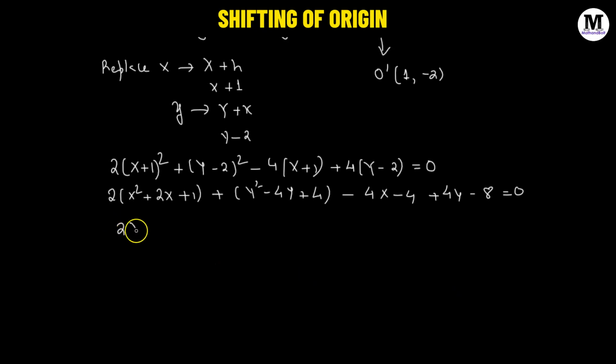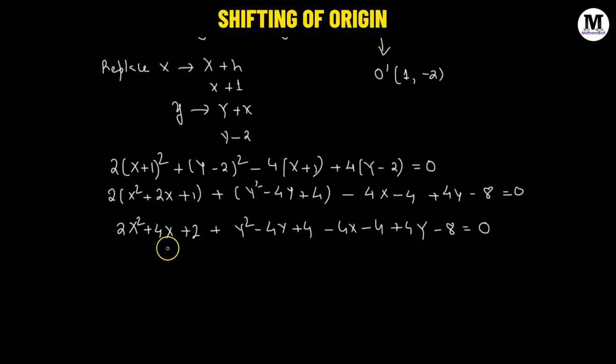We have 2 times X squared plus 4X plus 2, plus Y squared minus 4Y plus 4, minus 4X minus 4 plus 4Y minus 8 equals 0. Now let's combine the like terms. 4X and negative 4X cancel out. Negative 4Y and positive 4Y cancel out. Here we have positive 4 and negative 4 cancelling out. So now we are left with 2X squared plus Y squared.